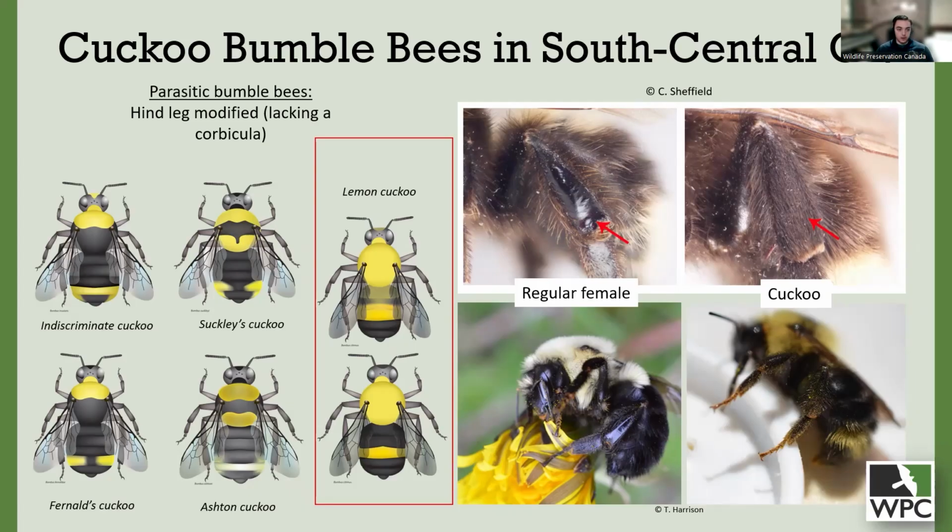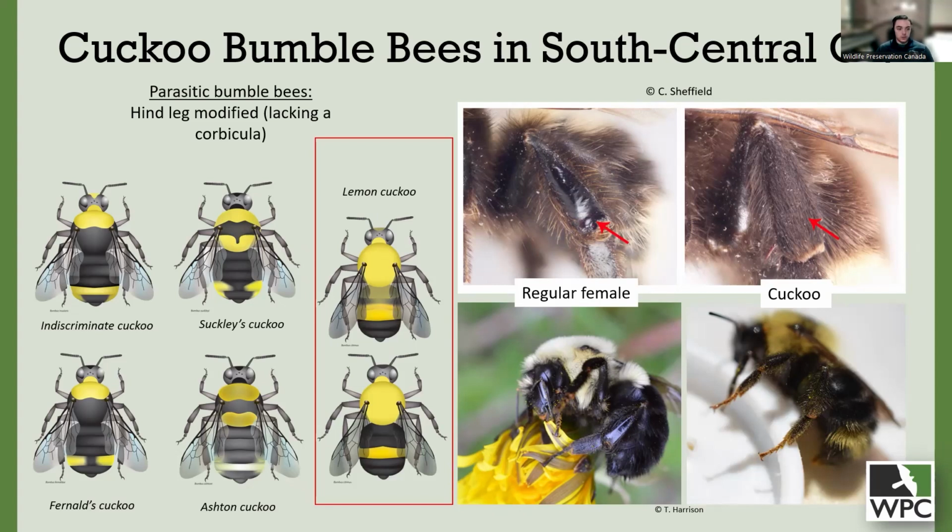It will always be yellow all around. The abdomen can be a little bit variable. Sometimes it can be entirely black. Most commonly, there's yellow on T3 and sometimes lightly on T1. But again, the standout trait of this specific cuckoo species is that the thorax will not have any pattern. It will just be all yellow hairs.